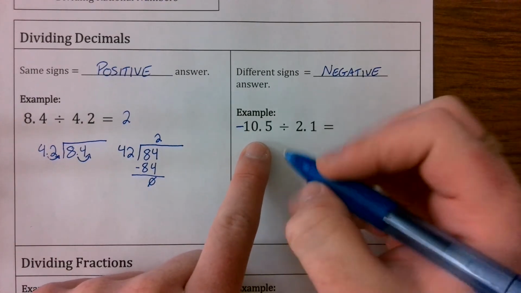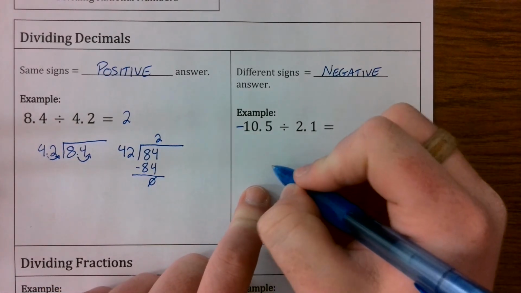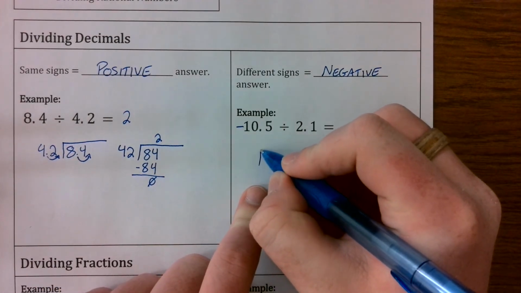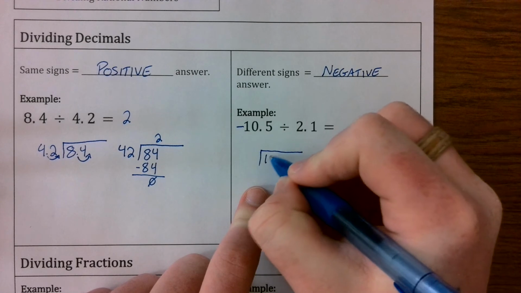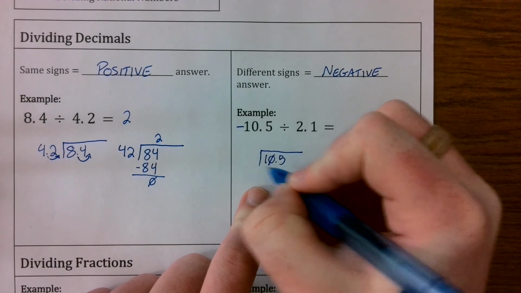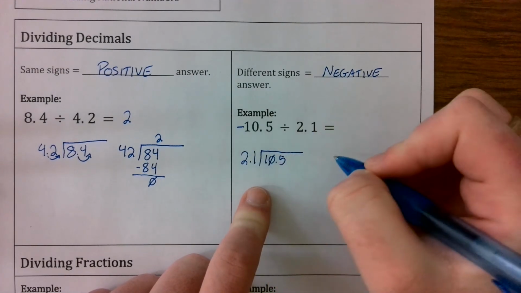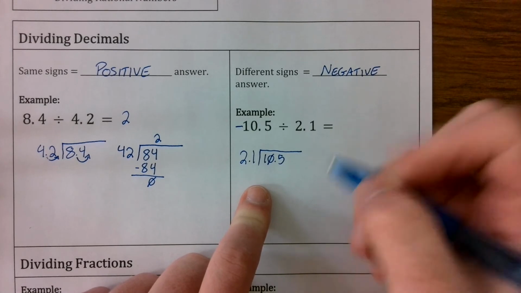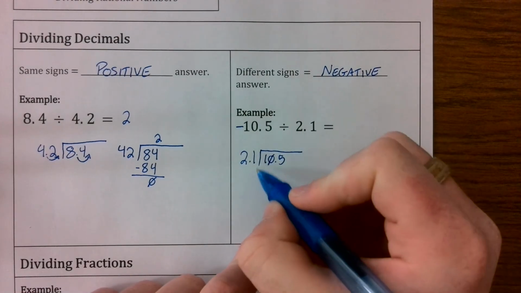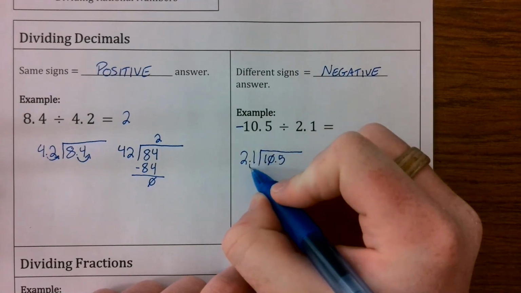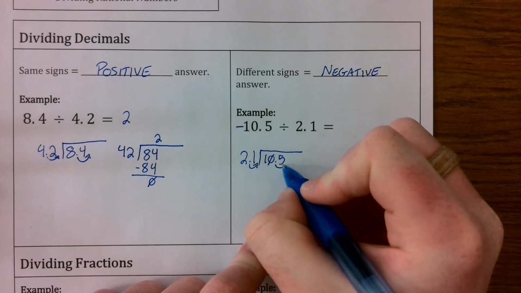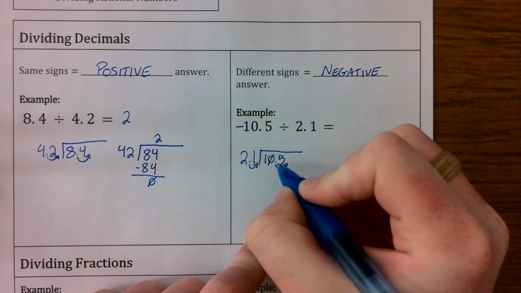When I set it up, though, I'm going to ignore the negative, and we will add that at the end. First number goes inside. Second number goes outside. Now, again, we have decimals, so we got to scoot our decimal over to make our numbers easier to work with. I move one place and one place.